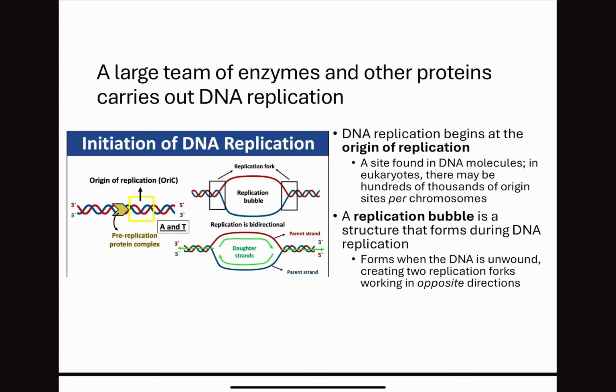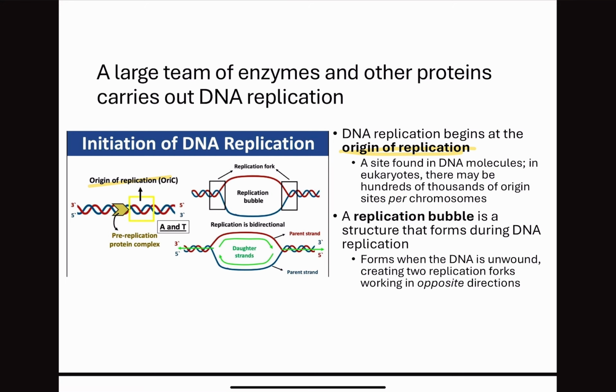So the replication of a DNA molecule begins at the origin of replication. In eukaryotes, we might have hundreds or thousands of origins of replication sites per chromosome.